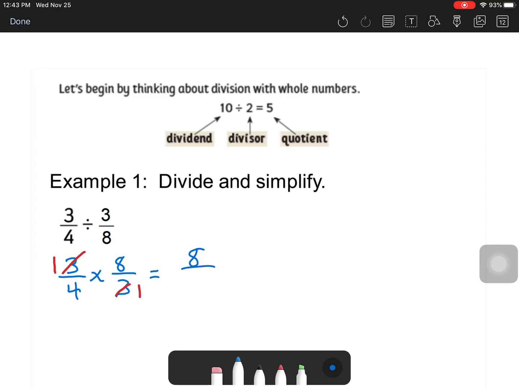So now 8 times 1 is 8, 4 times 1 is 4, and then 8 divided by 4 also simplifies down to just 2. 8 divided by 4 is 2, because you can technically divide by 4 on the top and the bottom, and then you would have 2 over 1, and anything over 1 is just going to be that whole number.